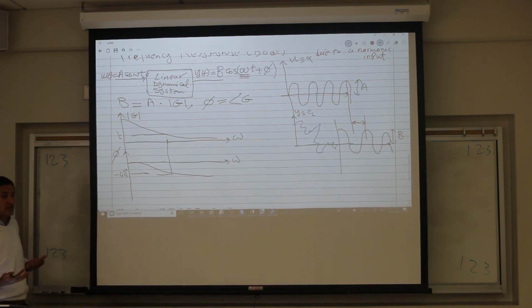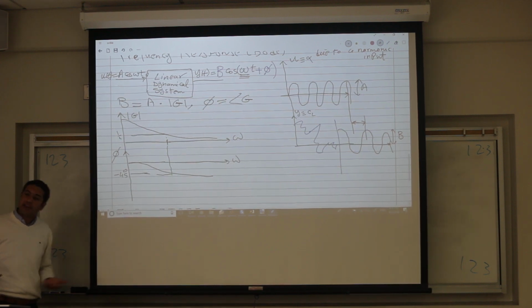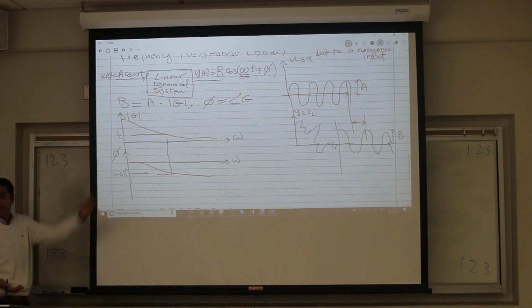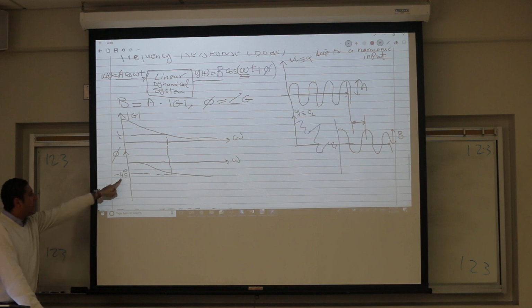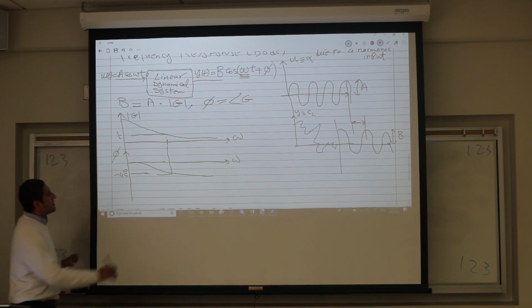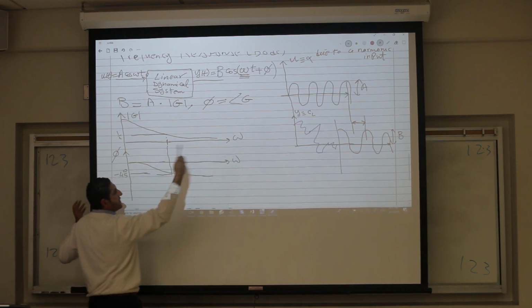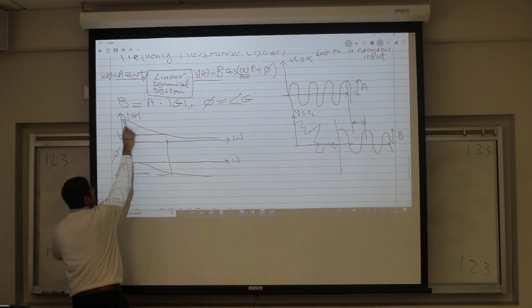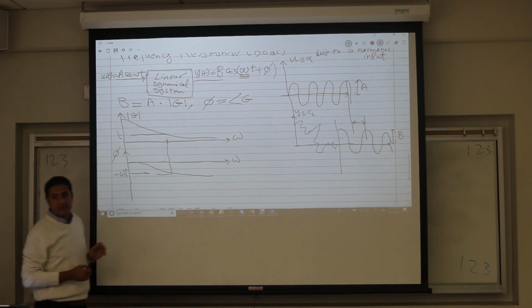So you're losing some, if the output is my lift, I'm losing some lift, right? I'm losing half of my expectation. And I'll get it later on in time. There is some phase lag, which is expected. Okay? So, for any typical mechanical system, it looks like this, which we call a low-pass filter.